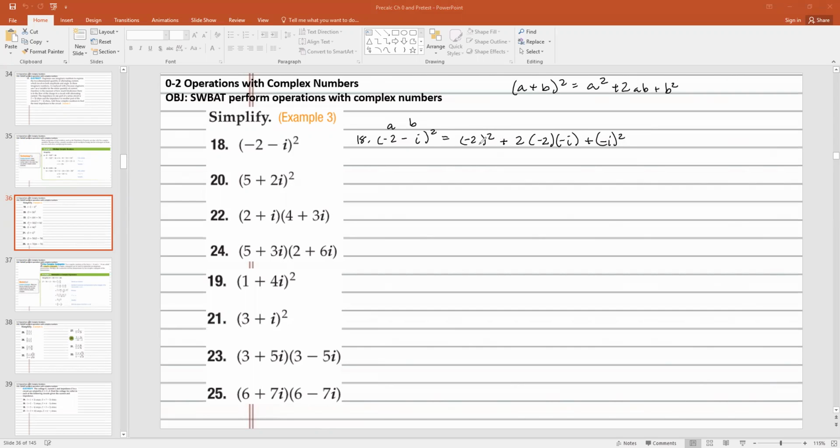And there we get 4, and then 2 times negative 2 is going to be negative 4 times negative i is going to give us positive 4i. And then here, negative squared is going to make it a positive, but i squared makes it negative 1. And there we have 4 minus 1, combine like terms, we get 3 plus 4i.